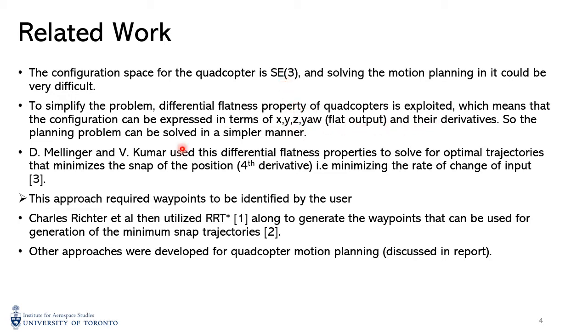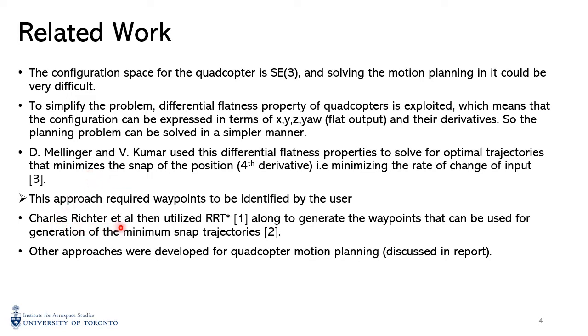So Mellinger and Kumar used this approach to solve for optimal trajectories that minimize the snap of the position. That essentially results in trajectories that are very smooth in the input space of the quadcopter, and this technique has proved to be very successful.